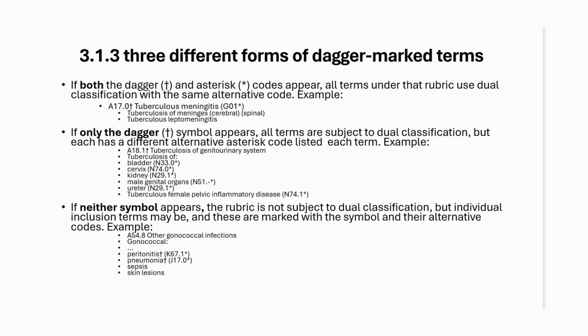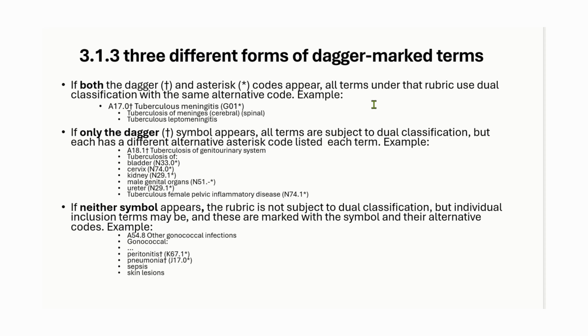In this slide 16, I'll describe 3 different forms of dagger marked terms. The first one, if both the dagger and the asterisk codes appear, it means that all the terms use dual classification with the same alternative code.